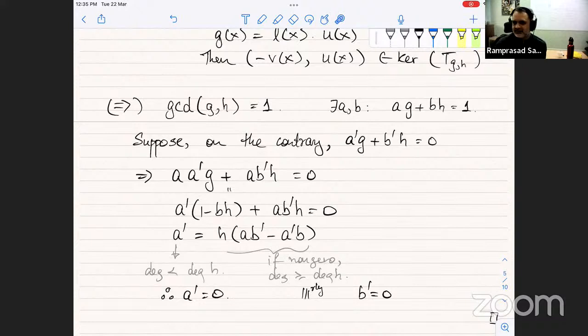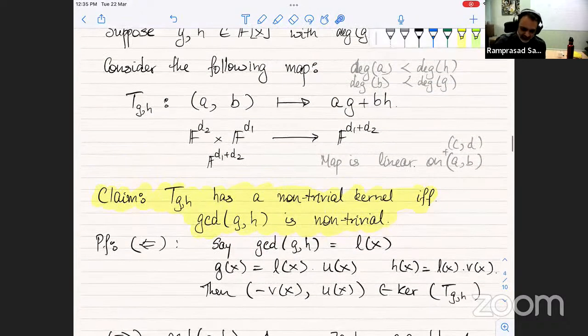Is it okay so far? Like this resultant thing? Okay, great. So therefore, somehow this linear map, which takes a pair of vectors or a pair of polynomials, whichever perspective you are more comfortable thinking of, and returns this other polynomial, somehow it has this magical property that it will have a non-trivial kernel if and only if the GCD between the two polynomials is non-trivial.